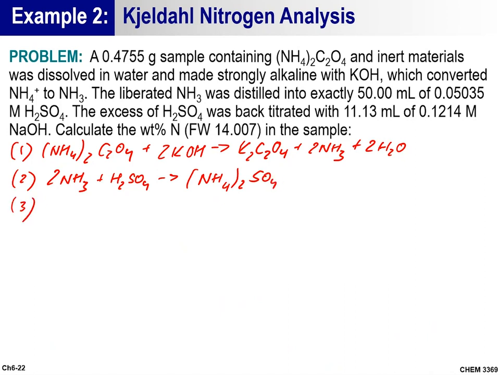Now, the third reaction is the actual titration reaction. So we titrate the excess of H2SO4 with sodium hydroxide, okay? So this is the actual titration reaction.